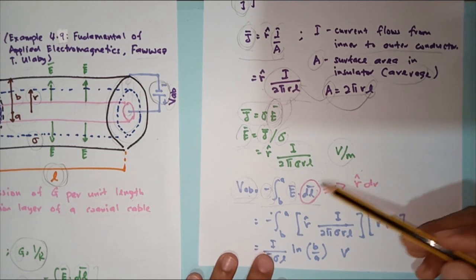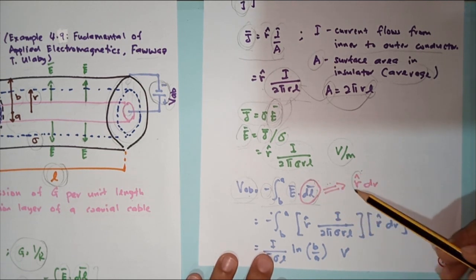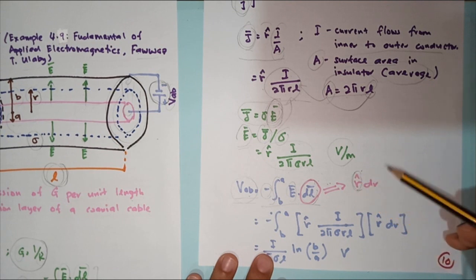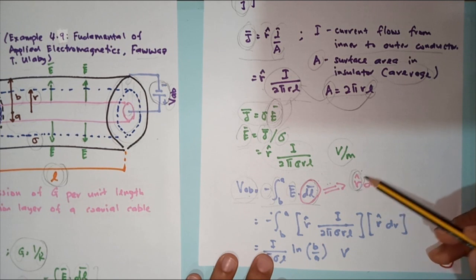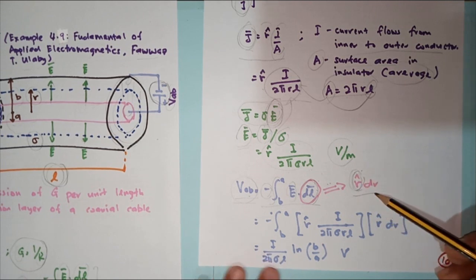In this case, the vector dl is in the r cap direction, and the expression for dl is r cap dr.